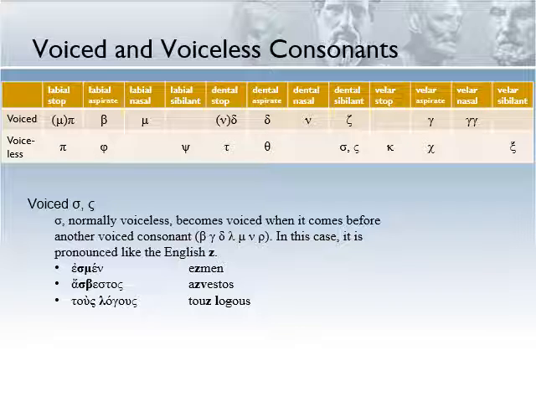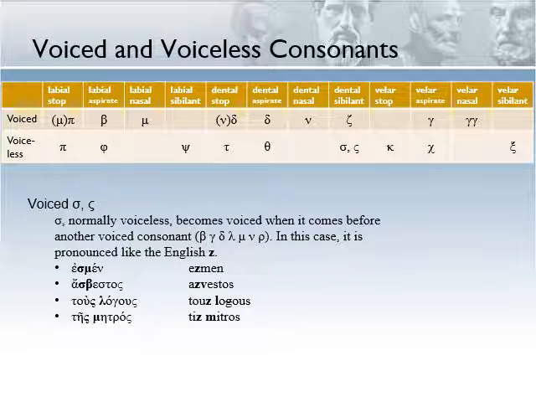Lambda happens to be a voiced consonant. So the sigma on the end of the first word will become voiced and pronounced like a Z sound. So what you might think was tus logus actually gets pronounced as tuz logus. So remember, your sigma coming before a voiced consonant will be pronounced with a Z sound.